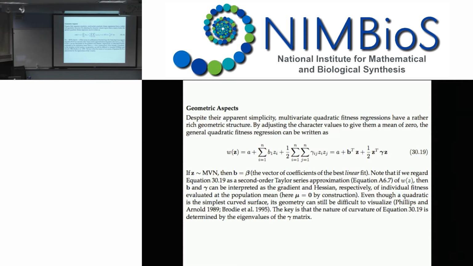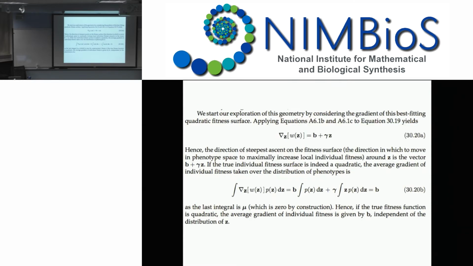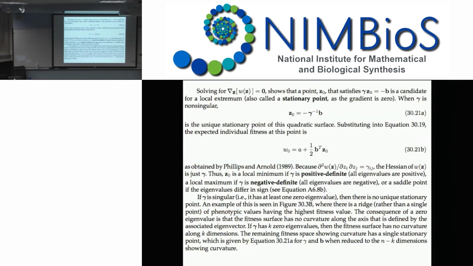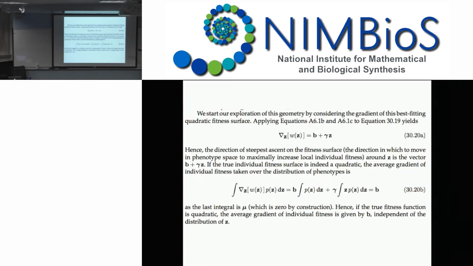So one feature is if I have a quadratic function like this, if I take its derivative, I get that. What it basically says is, if I take the average of that, the average here gives you the average slope. But the more important thing is, if I have the derivative equal to 0, that's a stationary point.